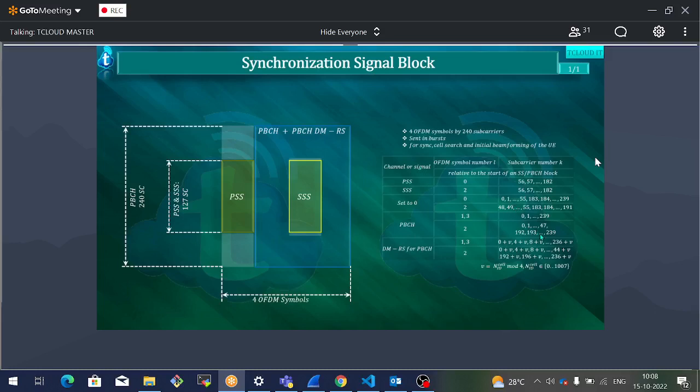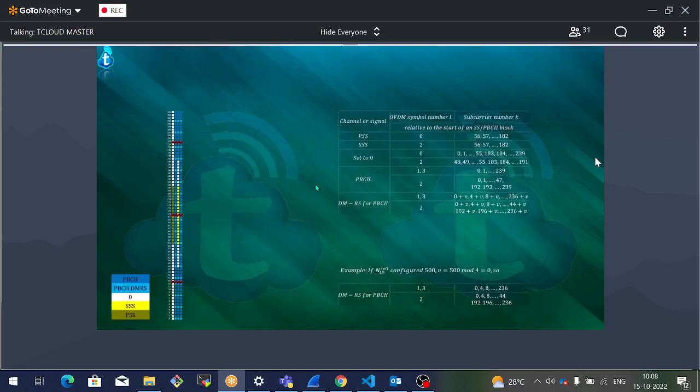Okay, so this box tells us PSS, SSS are fixed positions. PBCH occupies all these symbols that are in the blue color, except the ones that are already occupied by PBCH DMRS. PBCH DMRS position itself is dependent on the V value. Let me take an example to explain this.